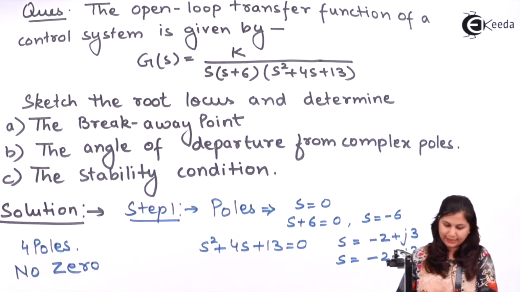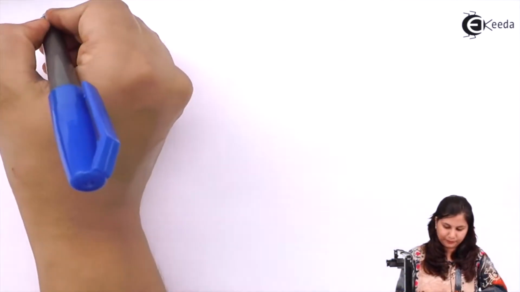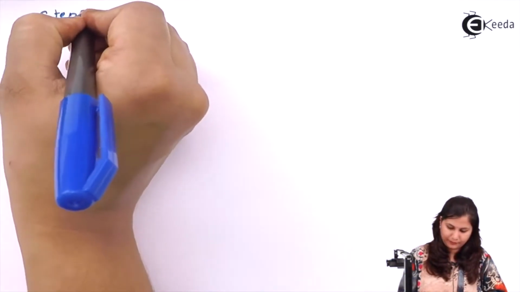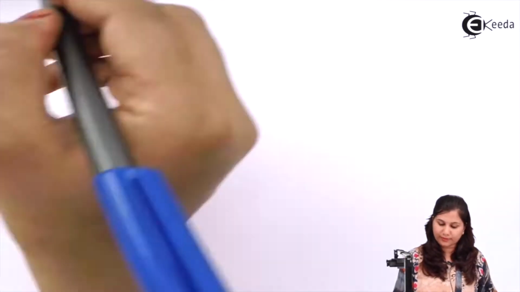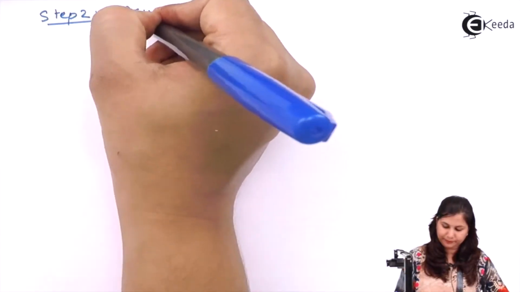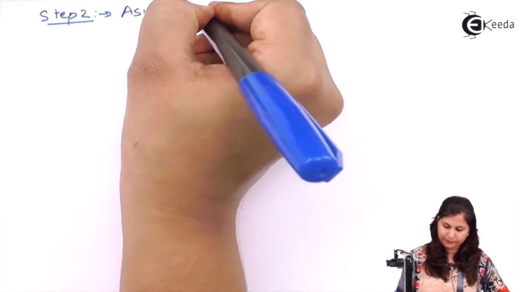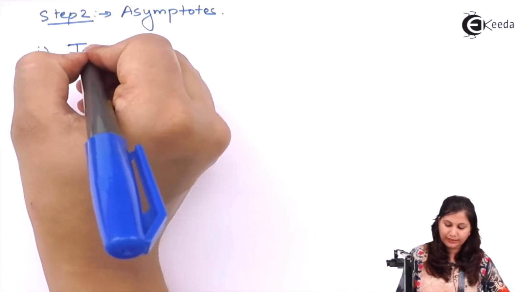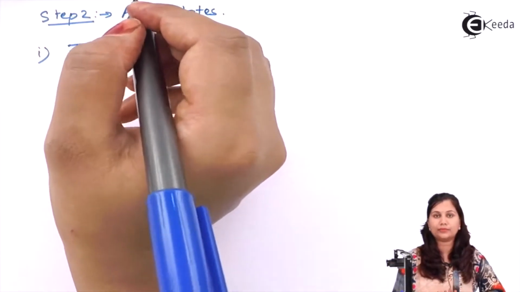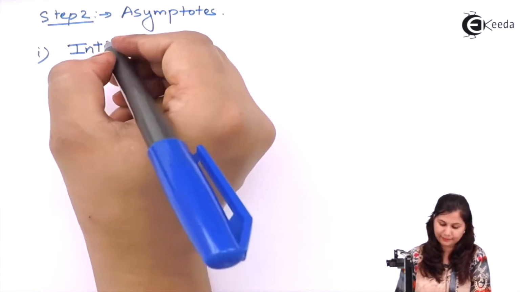Now our second step is to find out the asymptotes. For asymptotes, first we will find out the intersection point of the asymptotes with the real axis.